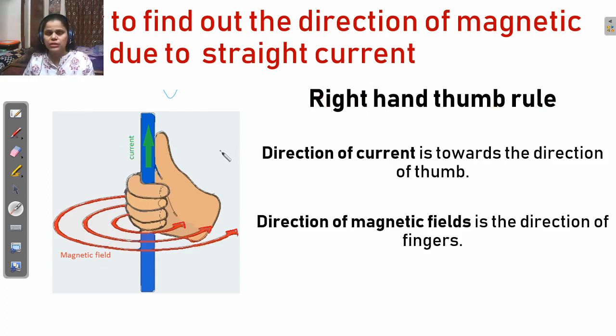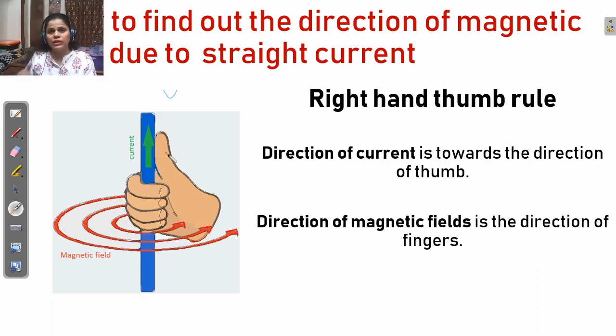What is the right hand thumb rule? When the conducting wire is a straight line and is held in our right hand, the direction of the current flowing is the direction of the thumb.